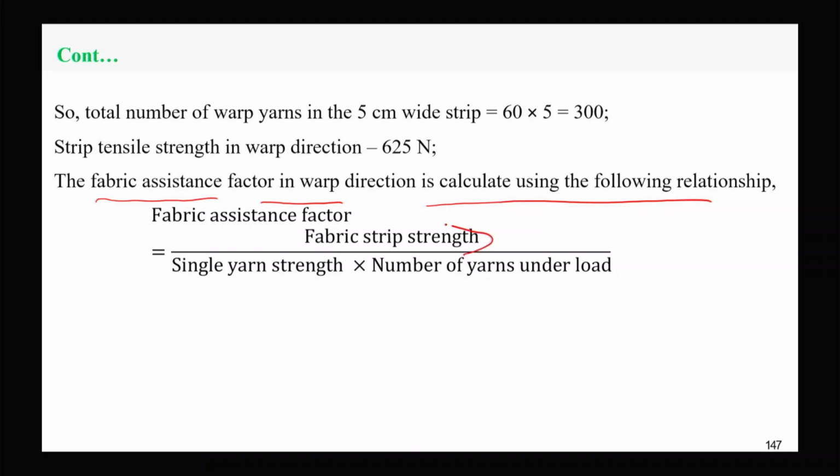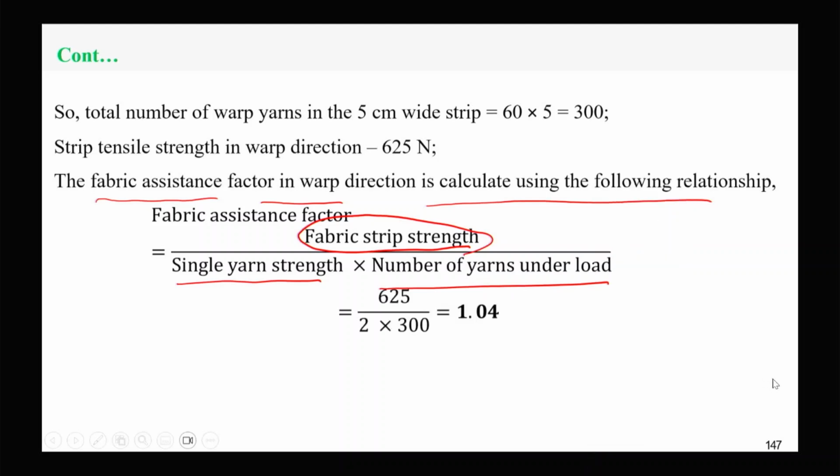It is fabric strip strength divided by single yarn strength and number of threads. So here we will discuss that fabric assistance is typically more than 1.